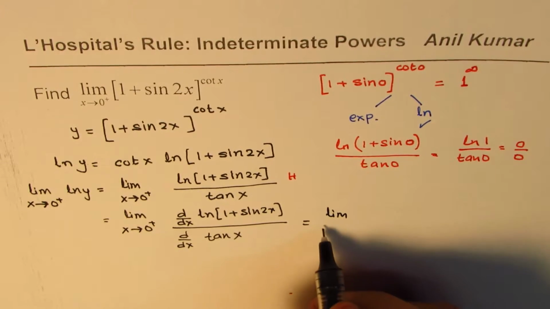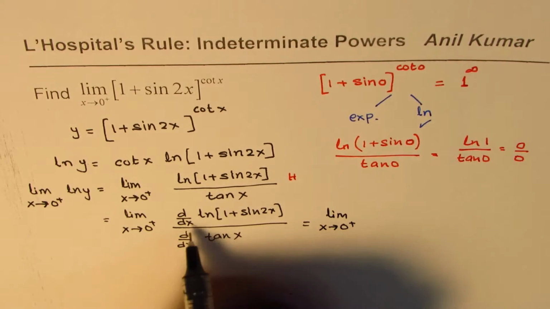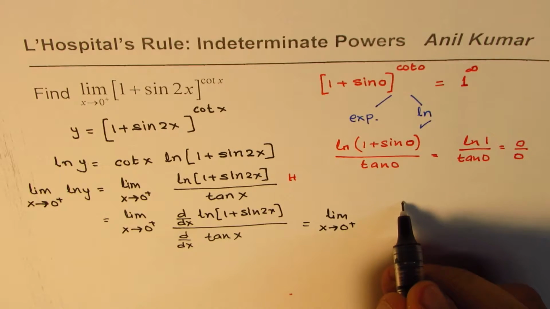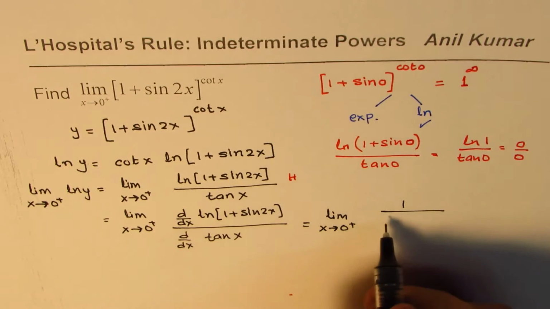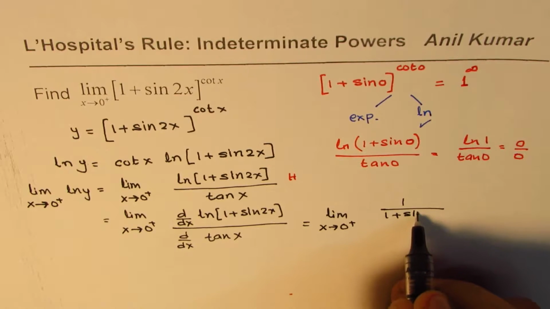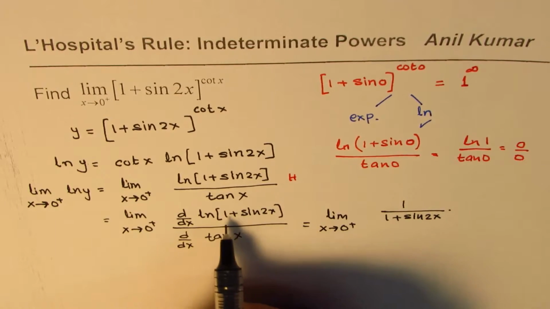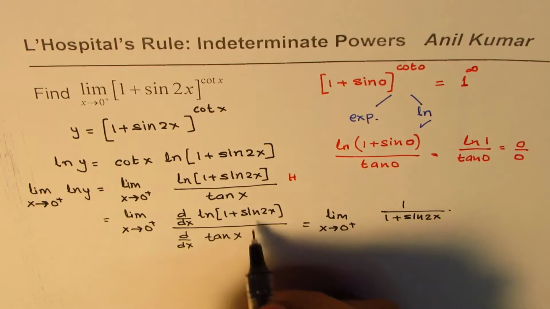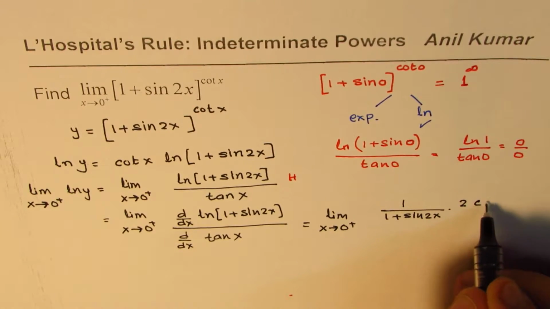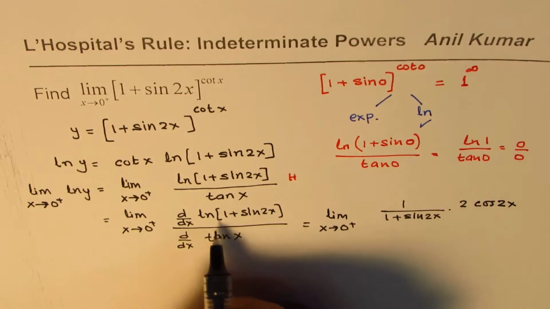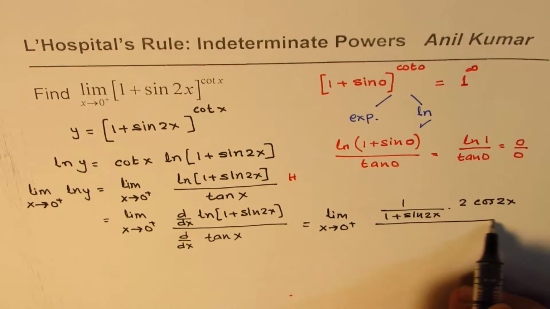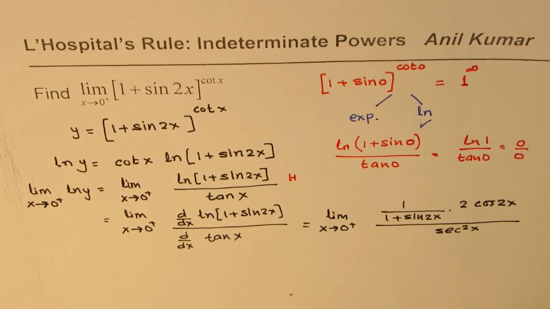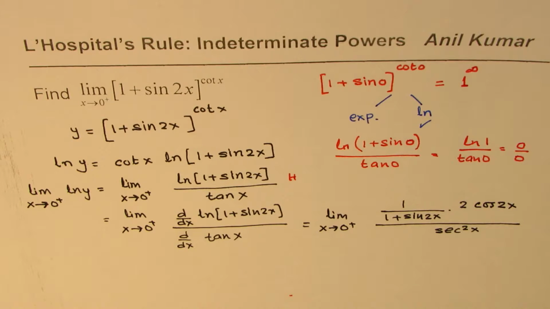Derivative of natural log is 1 over the function, which is 1 plus sine 2x, times the derivative of the function, which is cos 2x times 2. So which is 2 times cos 2x. So that becomes the derivative of the numerator. The derivative of the denominator, tan x, is secant square x, right? So this is what we get as a derivative.